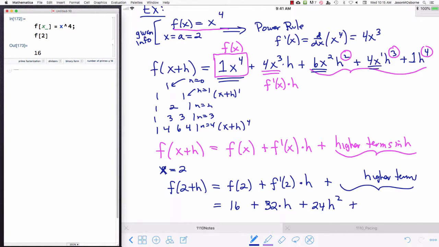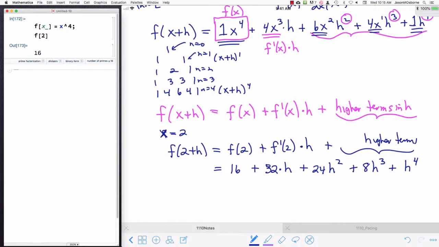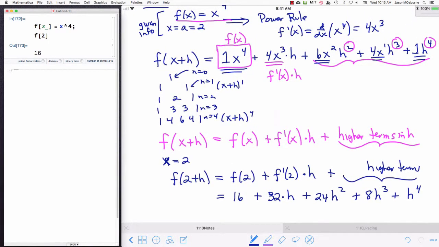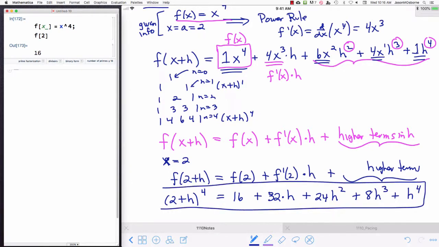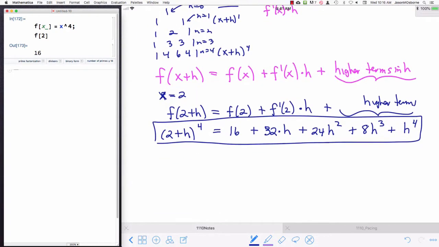Putting in 2 for x here, that'd be 8h cubed, and then there's no x's here, it's 1h to the fourth. So 2 plus h to the fourth power is given by exactly this formula.